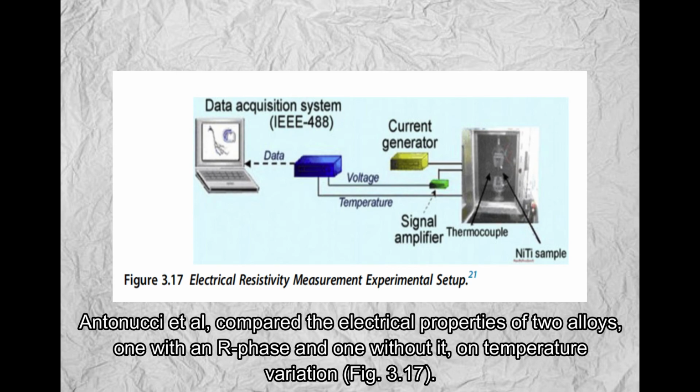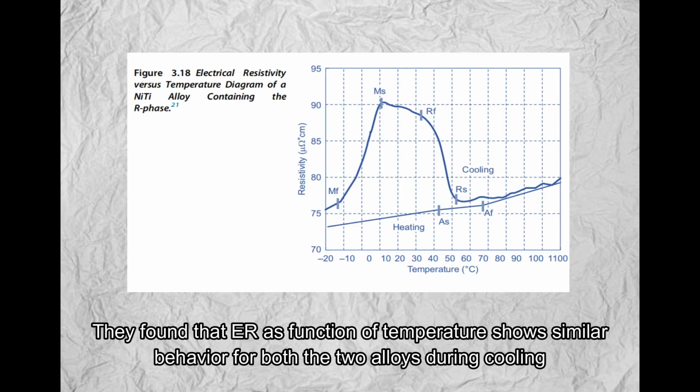Antonucci et al. compared the electrical properties of two alloys, one with the R phase and one without it, on temperature variation, based on figure 3.17. They found that ER as a function of temperature shows similar behavior for both alloys during cooling.